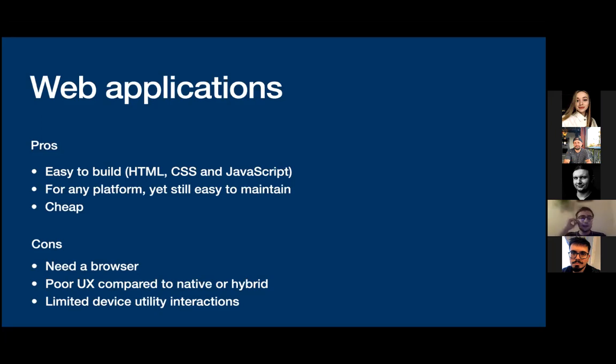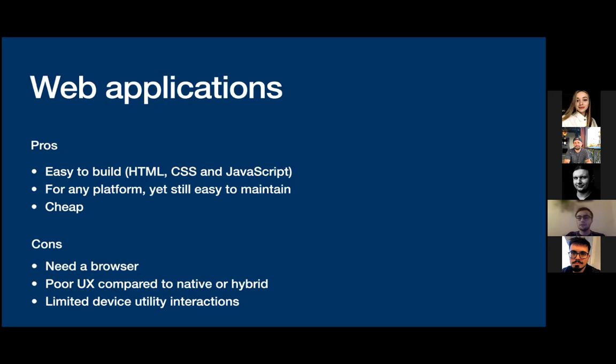Now, for the downsides, in most cases, web apps need a browser to run. So people need to open a browser and go to a certain URL to access it, which is far from ideal. And I will double tap on why it's not always the case in just a minute. Then they have somewhat worse user experience than native or hybrid apps. Like take Instagram, for example.